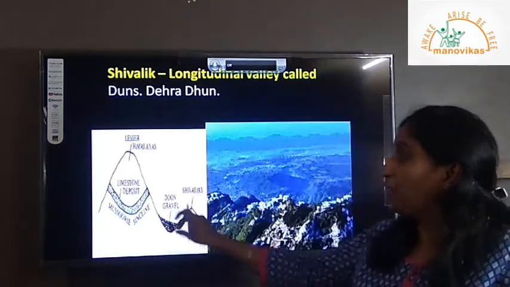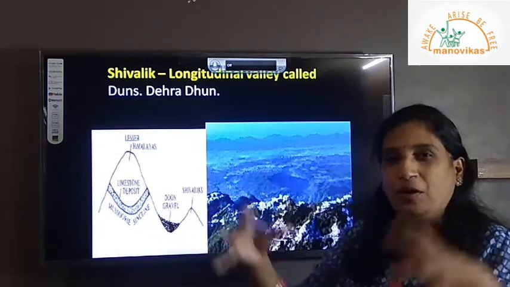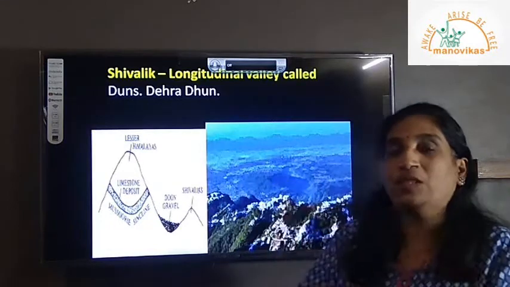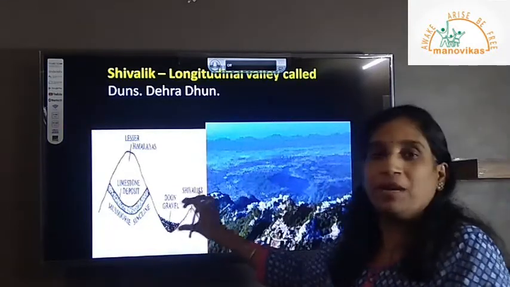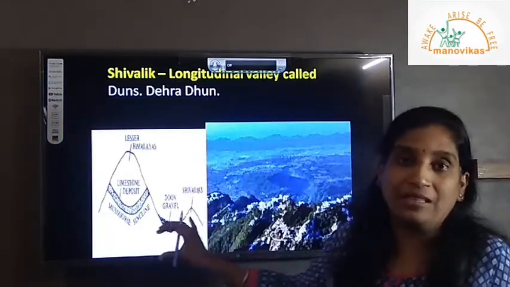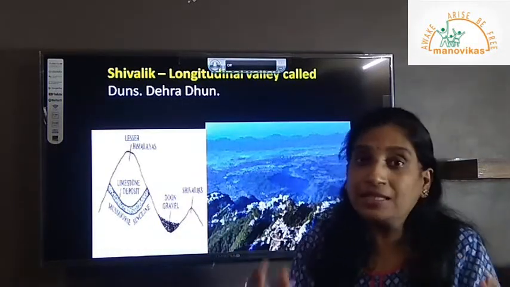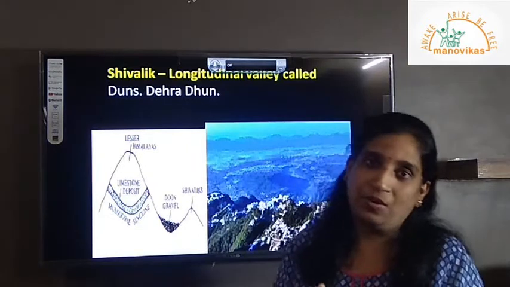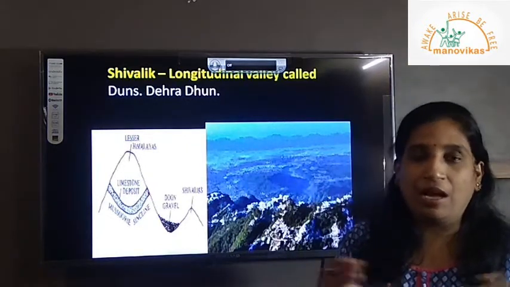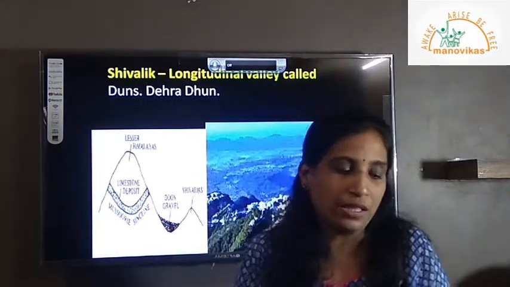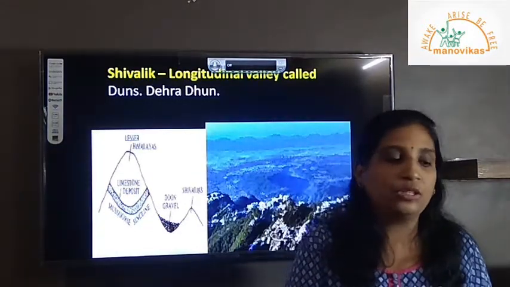These are called longitudinal valleys, which are formed by a lot of siltation, when rivers bring a lot of sediments that are deposited. These valleys are called dunes. For example, we have another great spot here called Dehradun, a small city located in these Shivaliks. They are called dunes here.